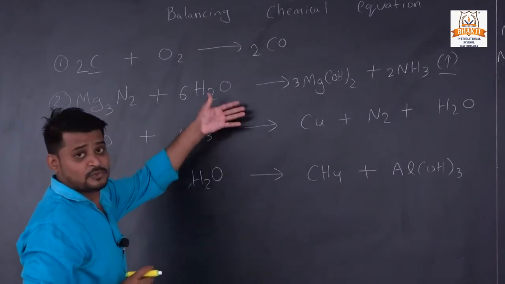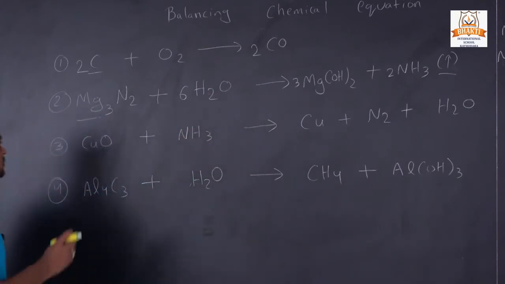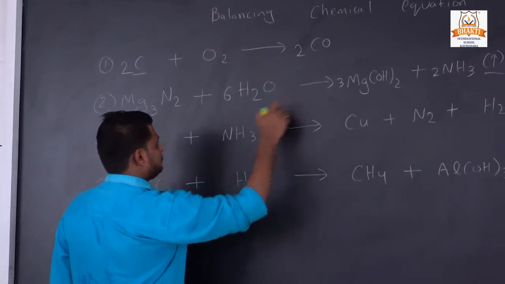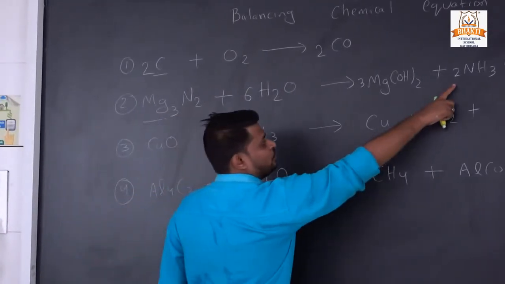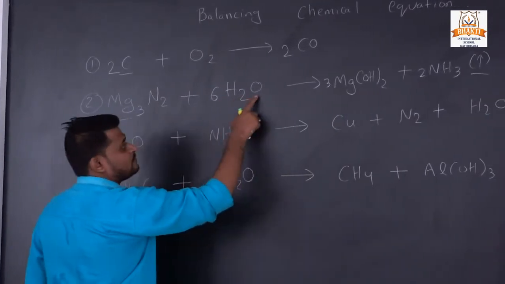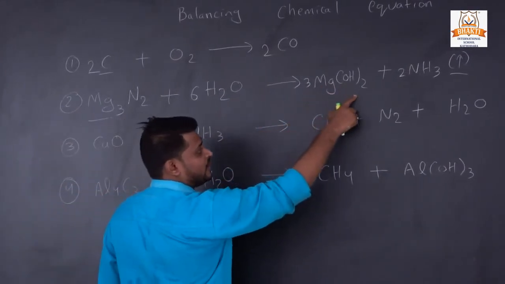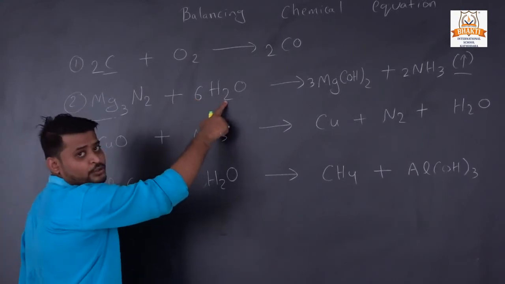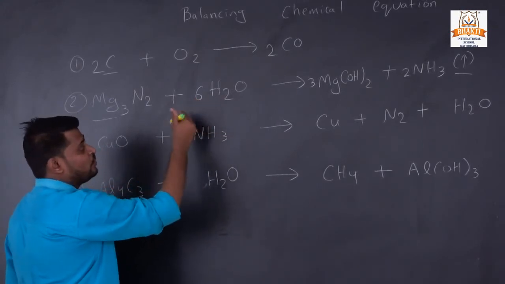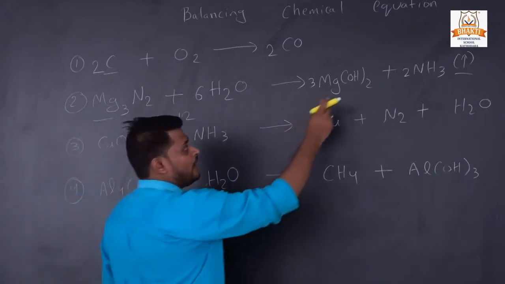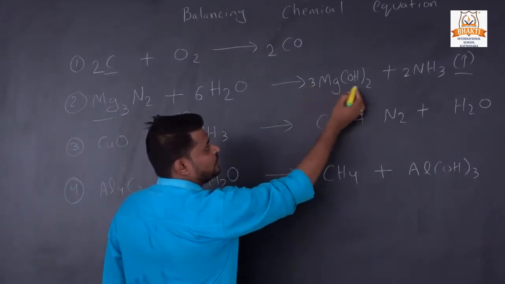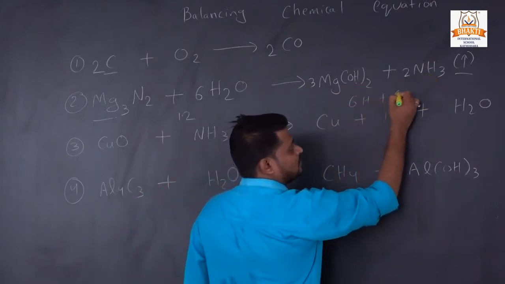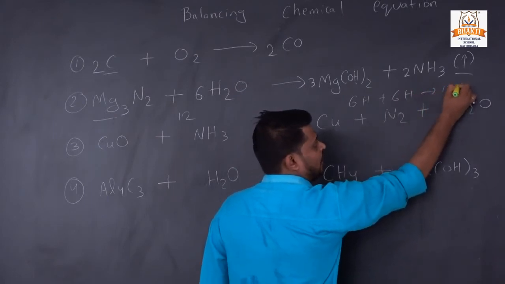We will change, so again we check metal and non-metal. Now metal, magnesium 3, nitrogen 2, oxygen 6, here also oxygen 6. Now next step, hydrogen. Here hydrogen 6 twos are 12. In the reactant hydrogen is 12, and in the product hydrogen is 3 twos are 6 and 2 threes are 6, that is 6 plus 6, how much? 12 hydrogen.